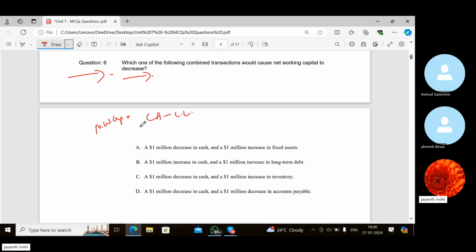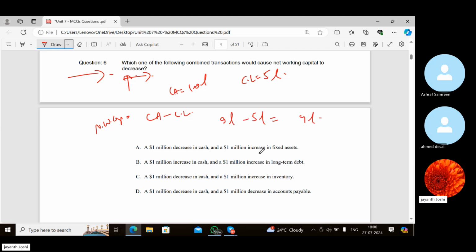Let's say current assets are 10 lakhs and current liability is 5 lakhs. Let's take the first one: 1 million decrease in cash. They are saying that would cause net working capital to decrease. Of course, a decrease in cash will make it 9 lakhs minus 5 lakhs, which is 4 lakhs.